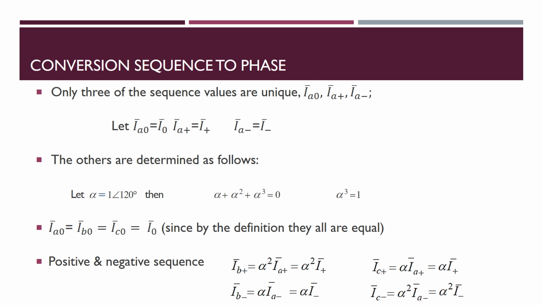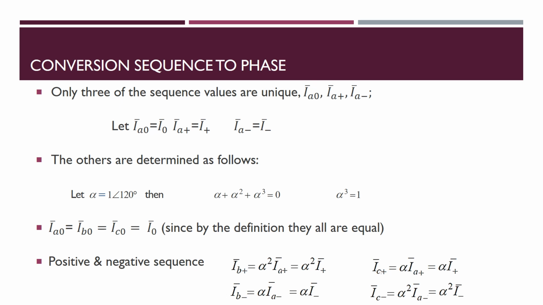By definition, you know that IA0, IB0, IC0 are all equal to each other, so let's have IA0, IB0, IC0 equal to I0. Similarly, for the positive and negative sequences, IB plus is minus 120 degrees, so alpha squared into I plus, and IB minus is plus 120 degrees placed from IA minus, so alpha into I minus.